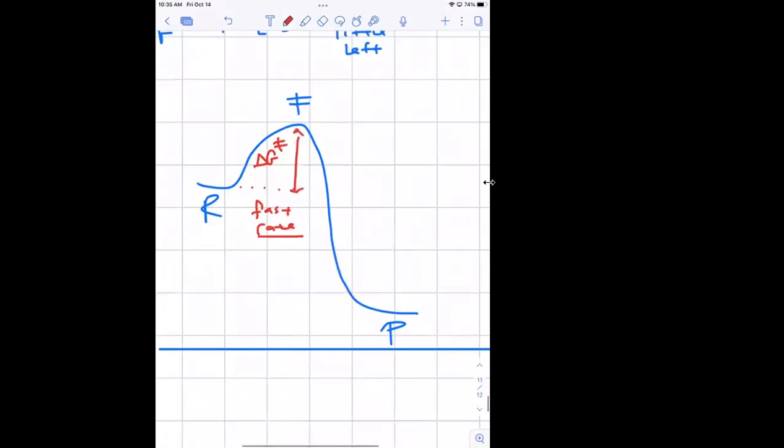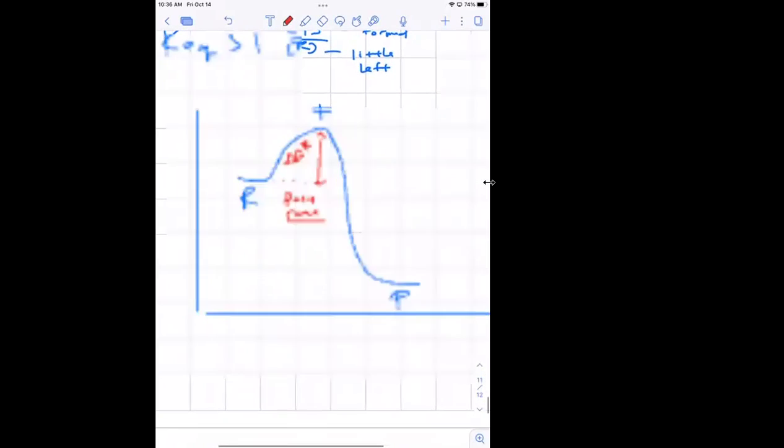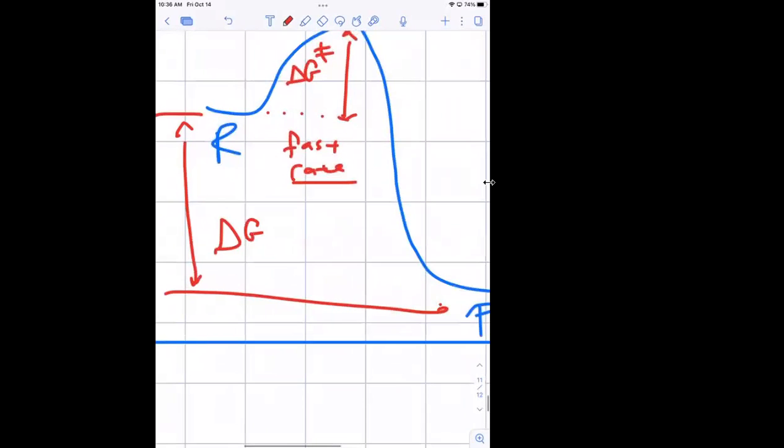And the delta G we can calculate here, which is going to be the energy of the product minus the energy of the reactant.